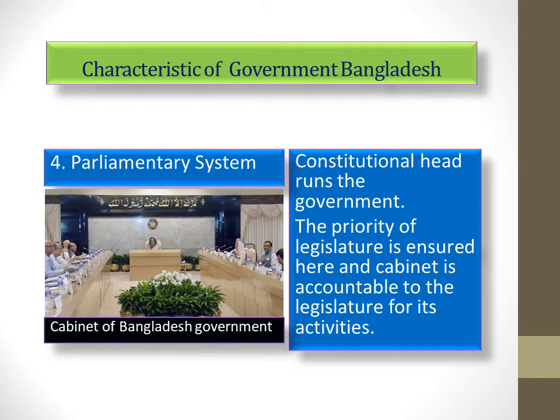This is the cabinet of the Bangladesh government, and this cabinet is accountable to the legislature. Legislature means parliament, and the cabinet means our ministry. Our ministry is accountable to our parliament for its activities, and these are all the characteristics of the Bangladesh government.